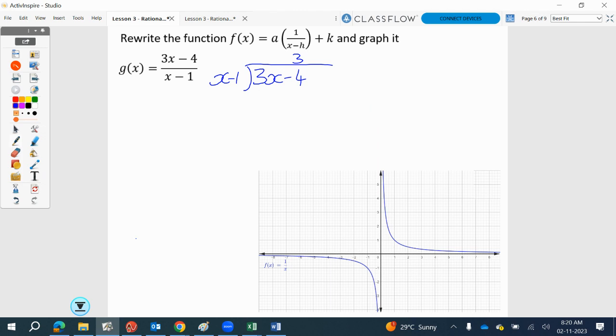So we multiply 3 by x and we get 3x. If we multiply 3 by minus 1, what do we get? Minus 3. Okay. We do the subtraction now. What will we get from the subtraction?